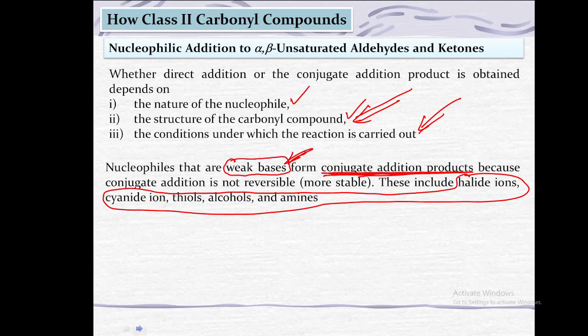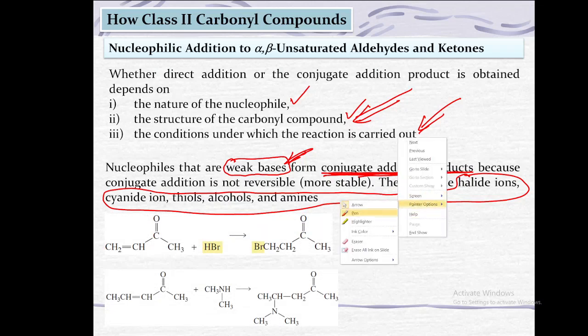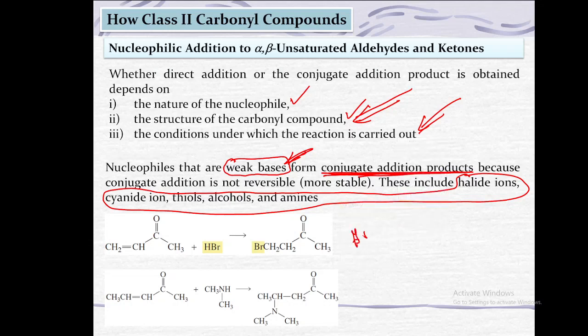Okay, a few examples that we can give you here. HBr. You guys must now know that when you are given HBr, you can pull out the nucleophile as Br negative. That is the nucleophile. This is a weak base, and so it's going to attack at the beta position. Look at this, alpha, beta in this compound.